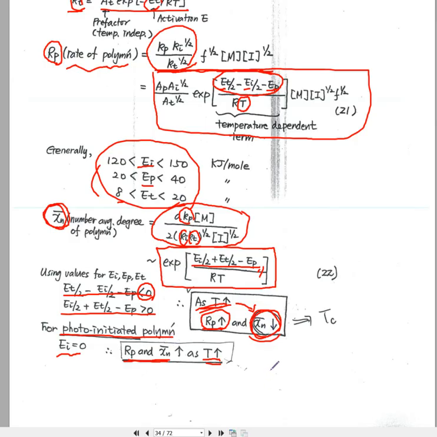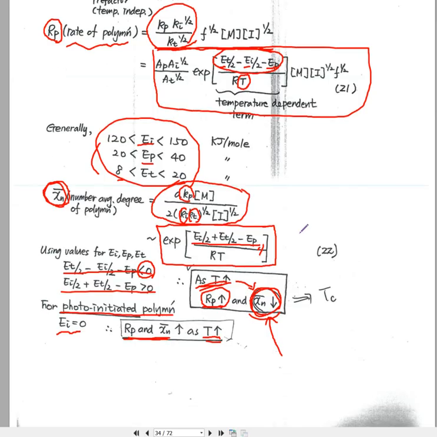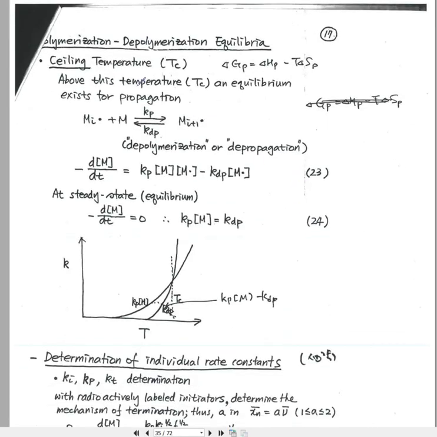Okay, so since you have learned that as you increase the temperature, the average chain length decreases, from this knowledge we have to consider the ceiling temperature, Tc.